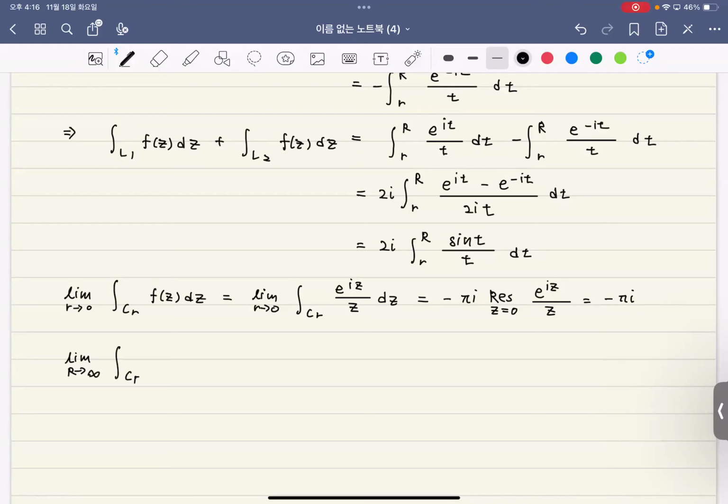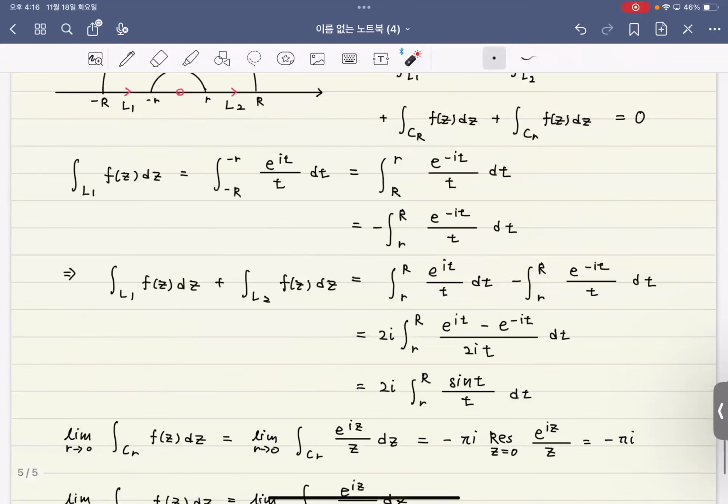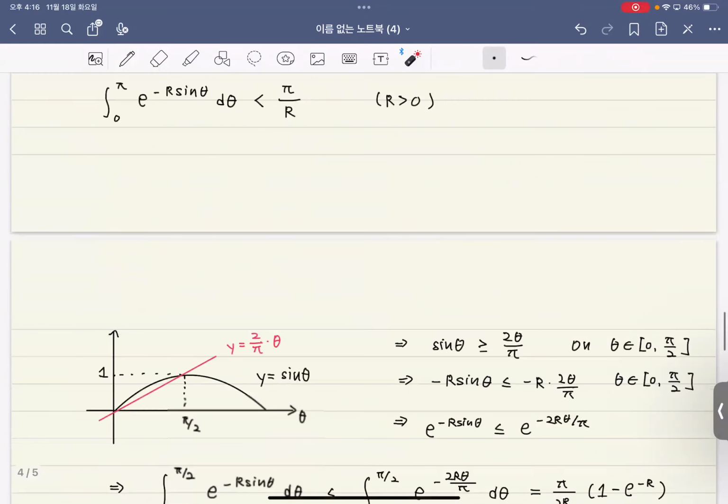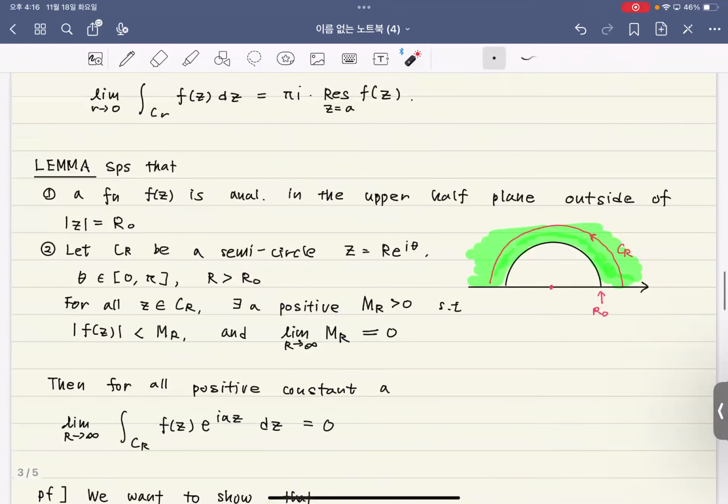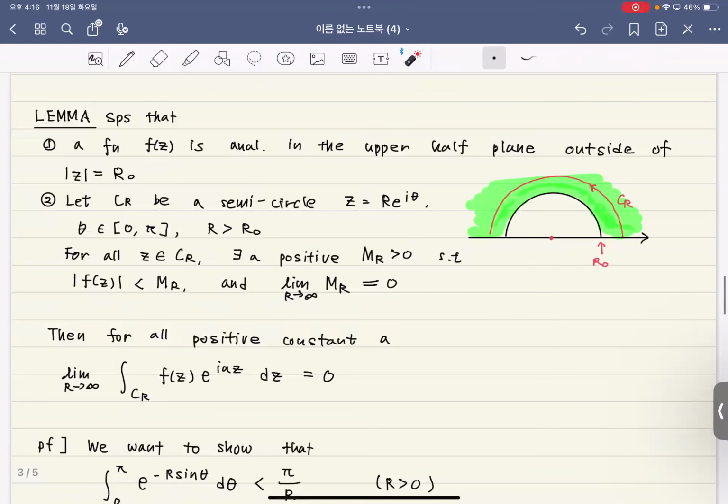What about the other semicircle? As R goes to infinity, this is the integral of e to the iz over z dz. Now it is time to make use of the previous lemma. In this case, we consider our function to be just 1 over z.